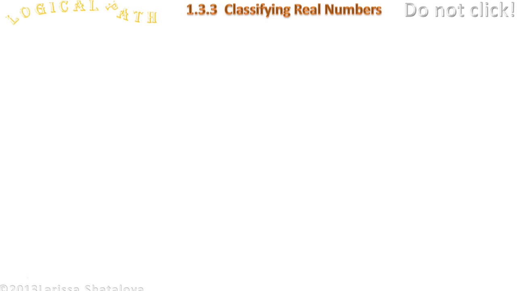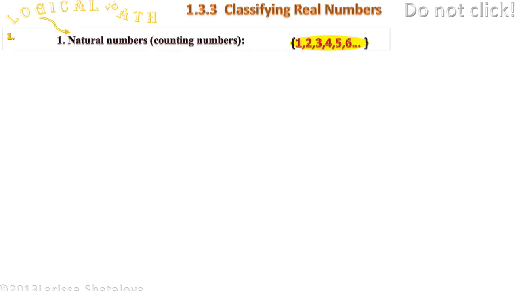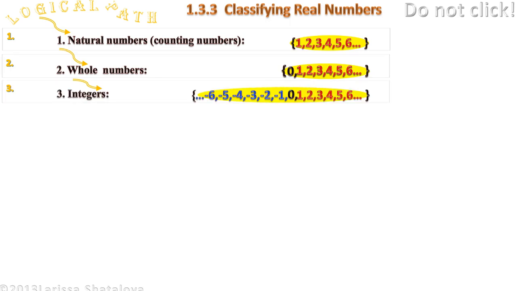Logical path to classifying real numbers. First we will talk about counting numbers, numbers which you use in daily life. Then we will move to the group of whole numbers, and then we will expand the previous group, adding counting numbers with negative signs.